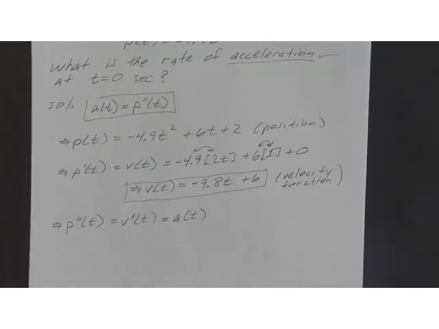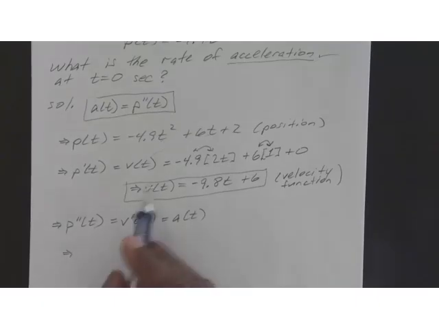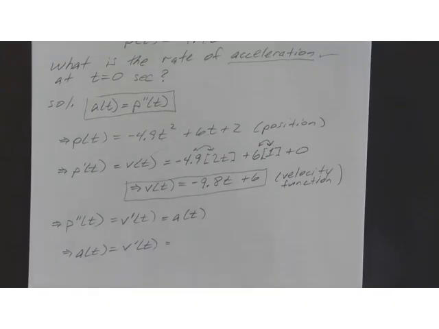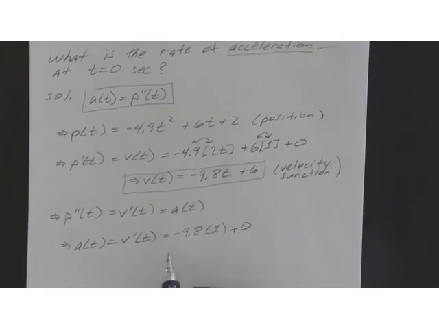So really all we have to do is take the derivative of our velocity, which is negative 9.8, times the derivative of t, which is just 1, plus the derivative of 6 is 0. We didn't have to write it, but we did. That means our acceleration function is just negative 9.8.